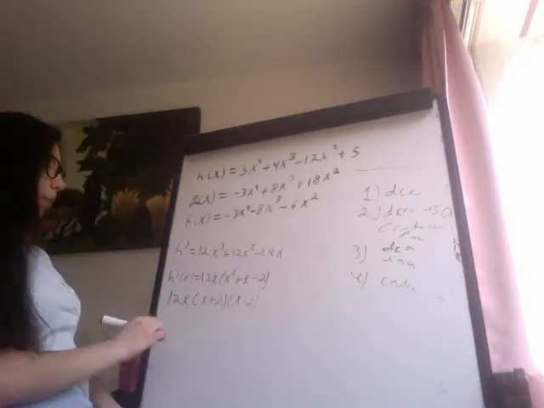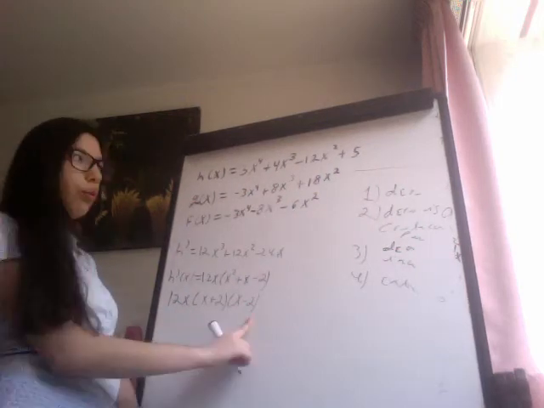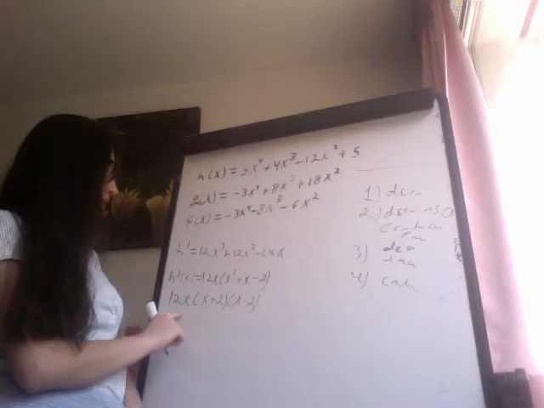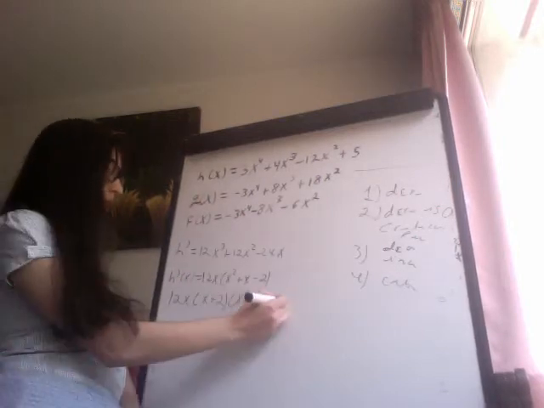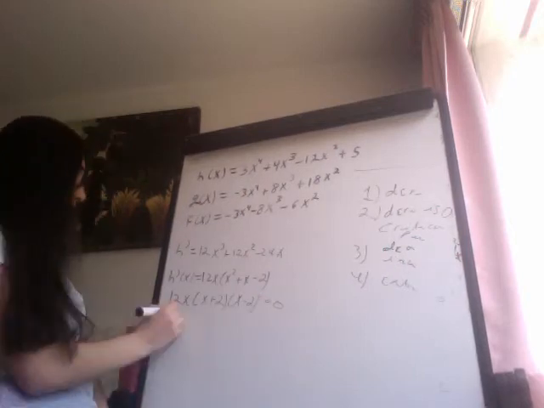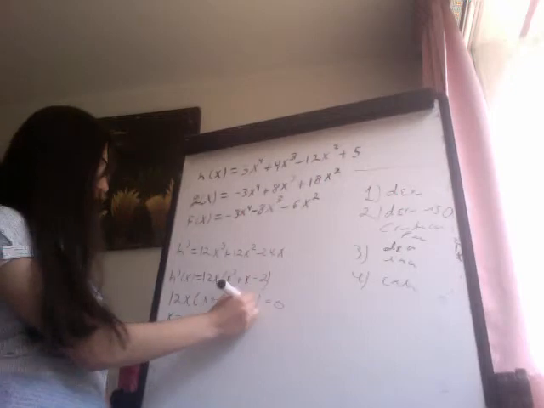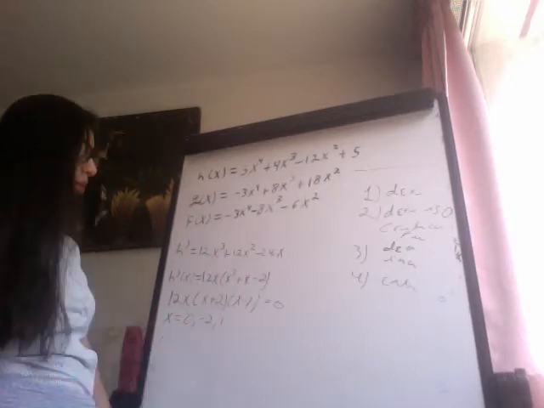So our critical points: where is h prime undefined, there is no point. Where does the derivative of the function h prime equal 0? It will be either when x is equal to 0 or negative 2 or positive 1.